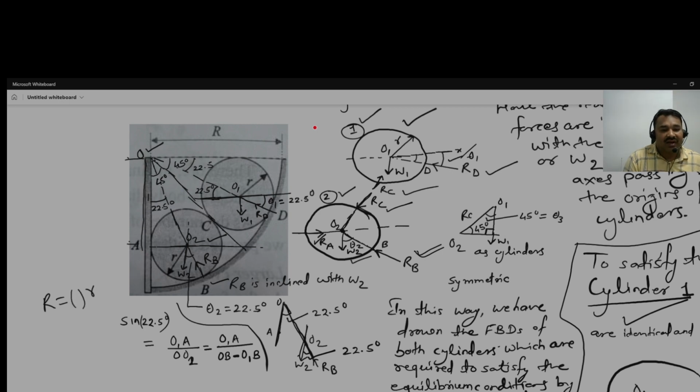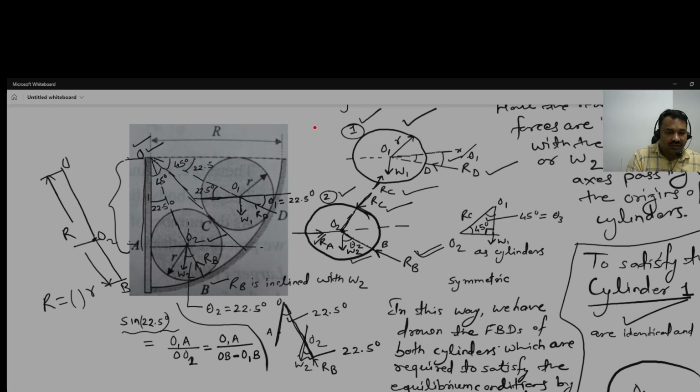So sine 22.5 degree is equal to O1A divided by O2, and this line is O, this is O2, and after extending, this is B. The total length of this one and this one is capital R. But what about this one?